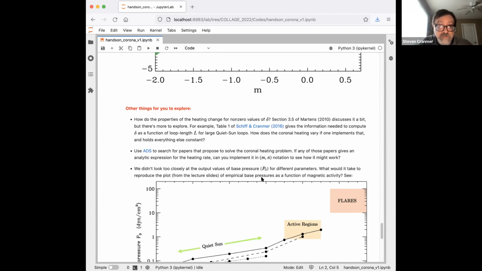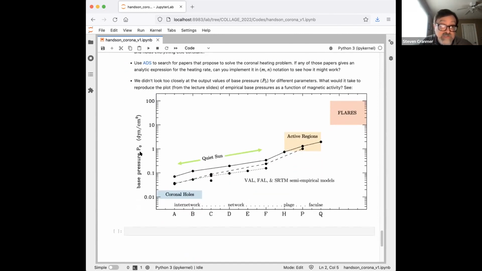There's also the base pressure, and we have observational constraints of what the base pressure does as a function of the magnetic activity of various types of solar structures. From the very weakest magnetic fields to the very strongest magnetic fields, the base pressure increases by maybe three orders of magnitude or so.